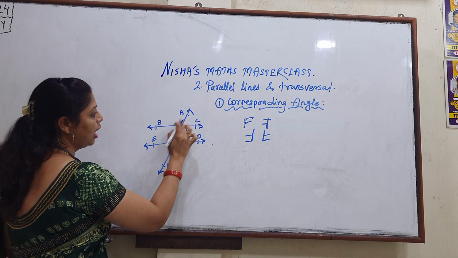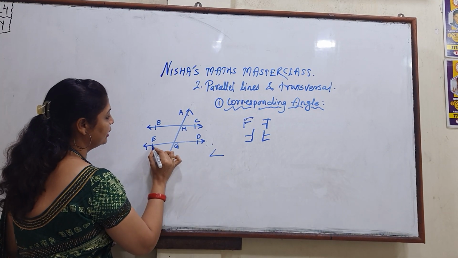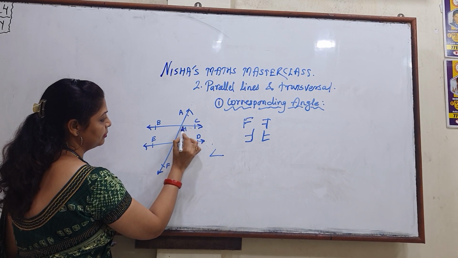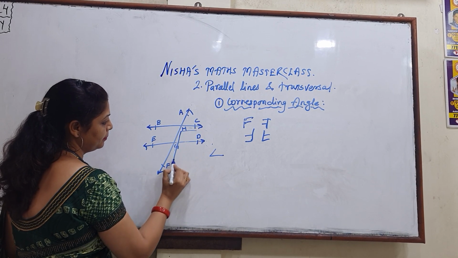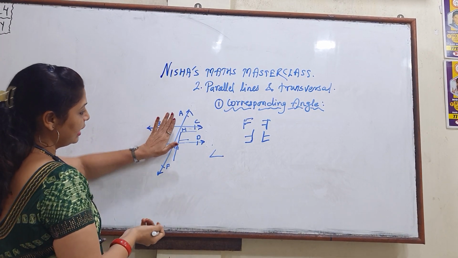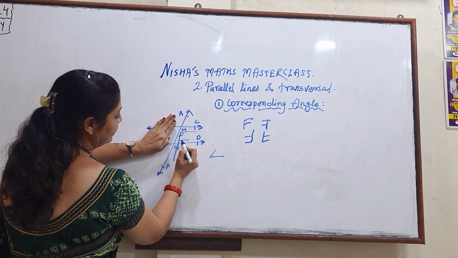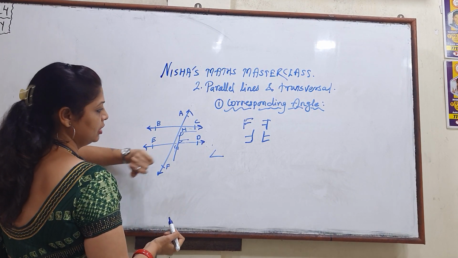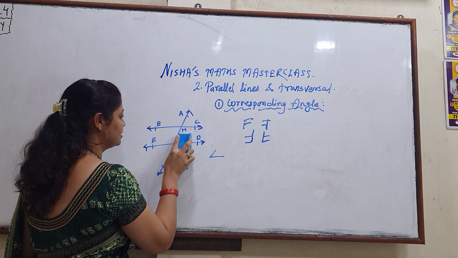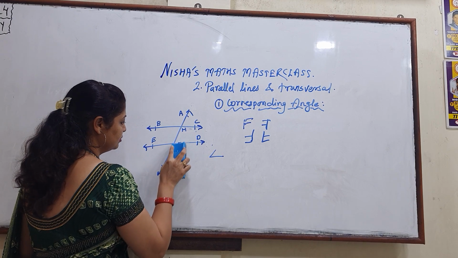So see children, how we get the F? Suppose I go with angle CHG, this one, correct? So F is there. I hide this place and see this. So this angle and this angle are our corresponding angles. Now I rub with the duster, because a very congested place is there.